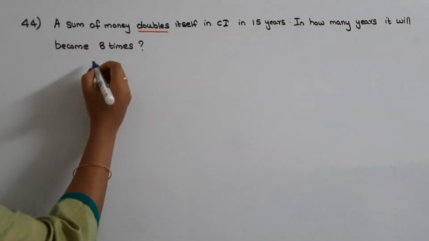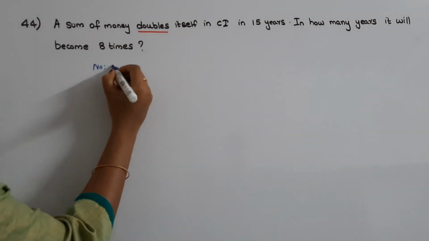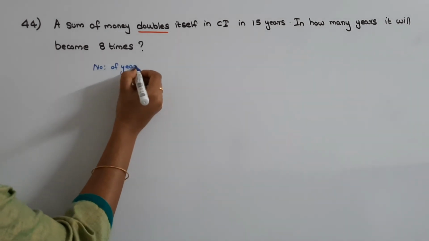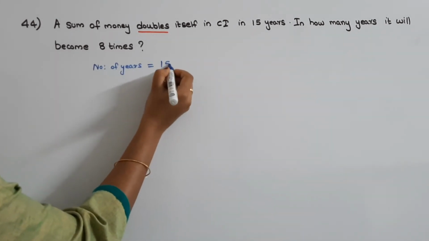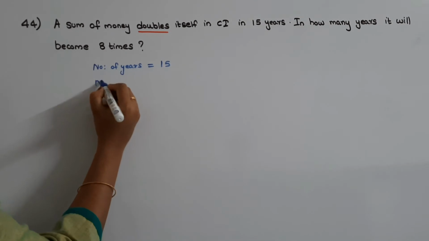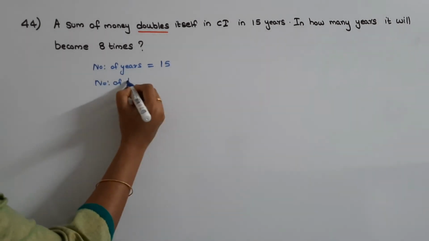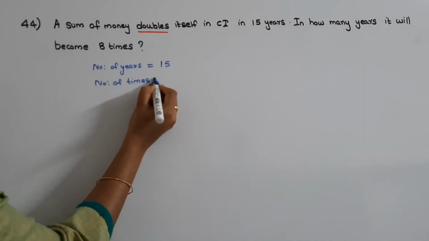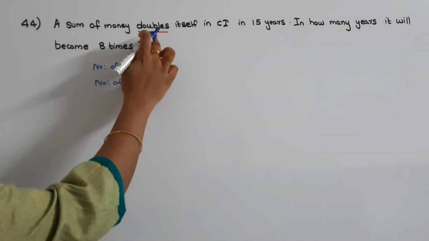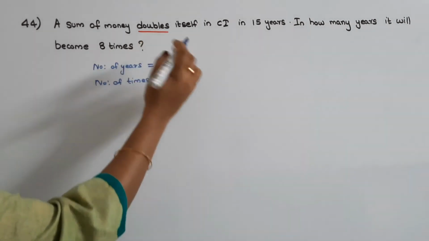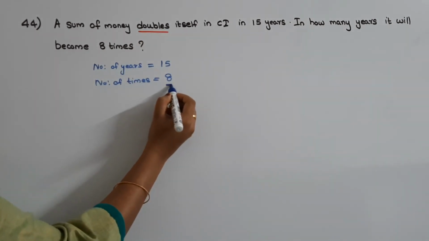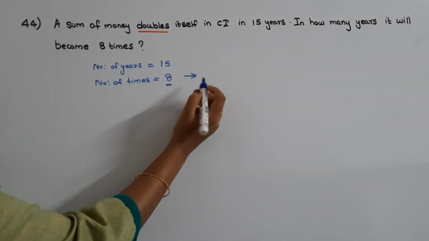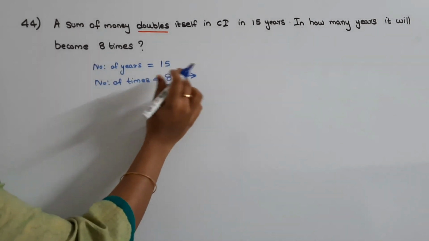In this question, the number of years is equal to 15. The number of times is 8. Since double is given, we need to convert this number of times in terms of a power of 2.